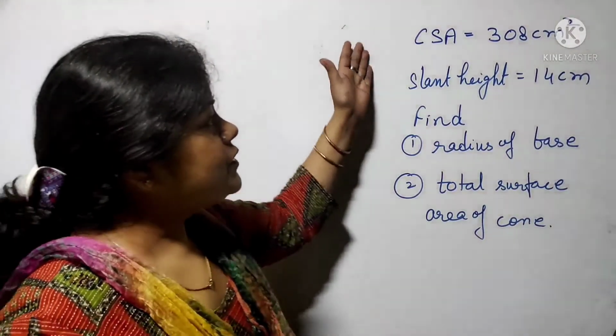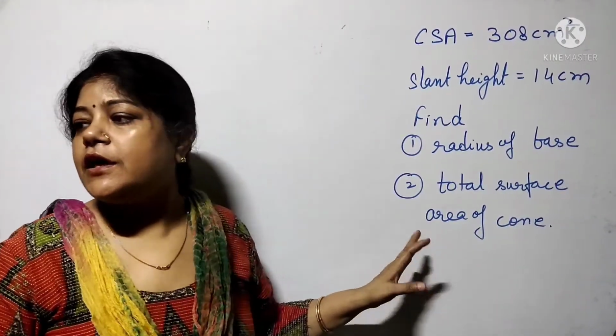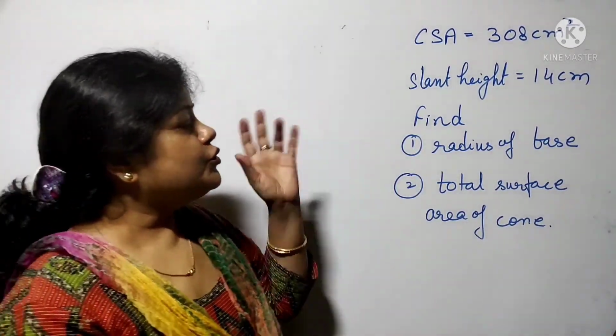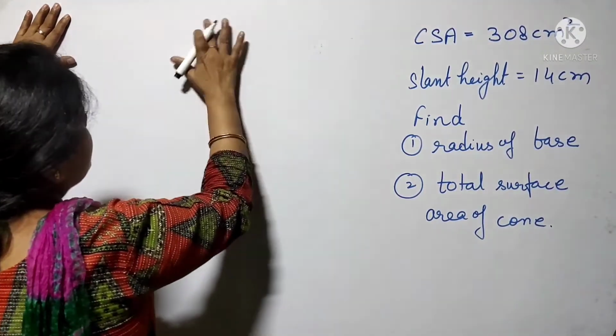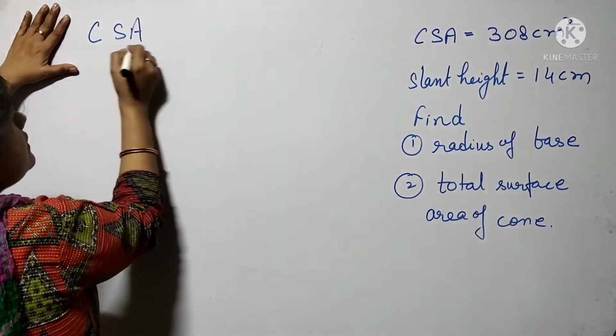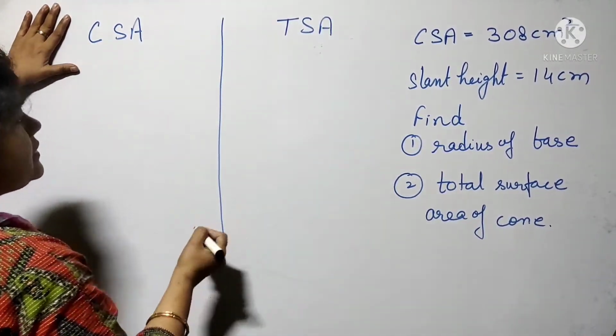Now, as we observe in this question, curved surface area and total surface area are both connected here. We have to use both of the formulas. Firstly, I explain to you the curved surface area, that is CSA, and total surface area, TSA.